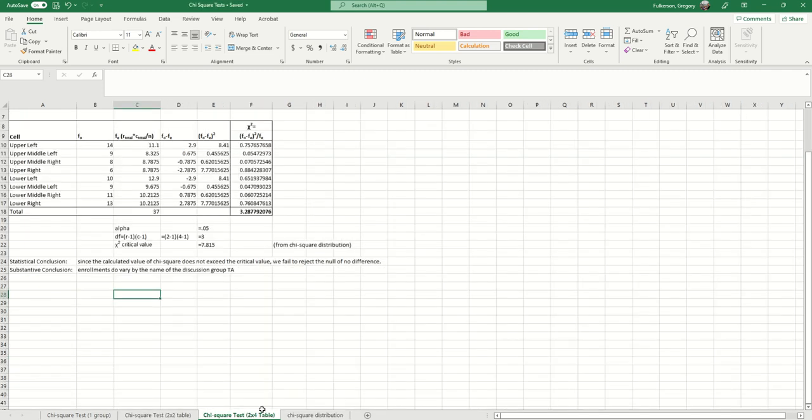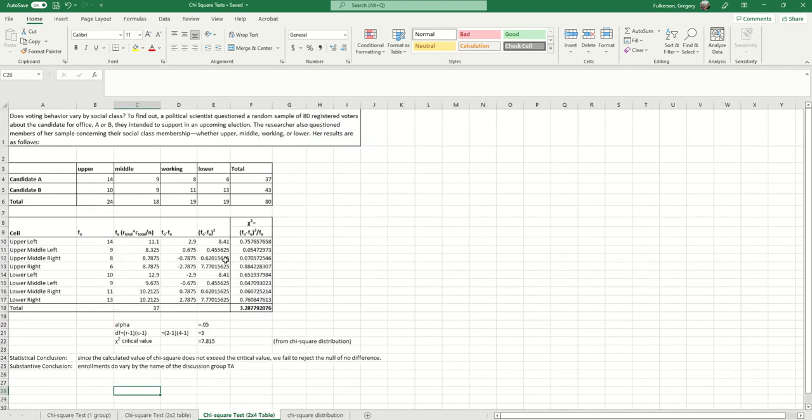This is a 2x4 table. So in this last example, we just have a bigger table. We have more columns, which means now we have an upper left, an upper middle left, upper middle right, and upper right. Whereas with the 2x2 table, we just had the upper left and the upper right. So now we have these two middle categories.